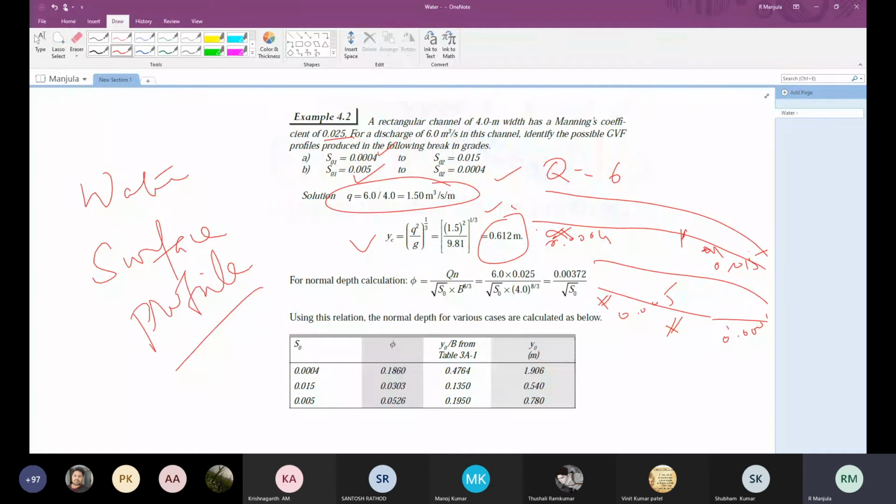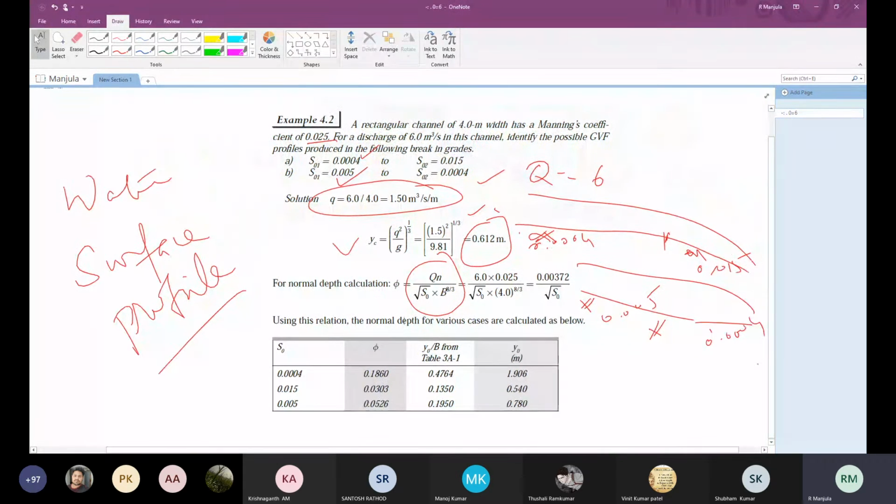Now normal depth calculation is Qn divided by square root of S0 into B raised to 8 by 3. So substitute the value of Q, Manning's n, then S0 keep as such, then B is 4 meter.